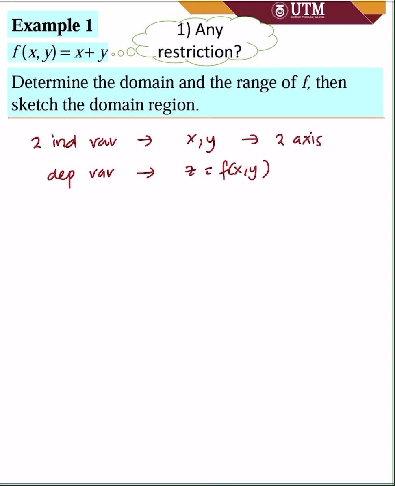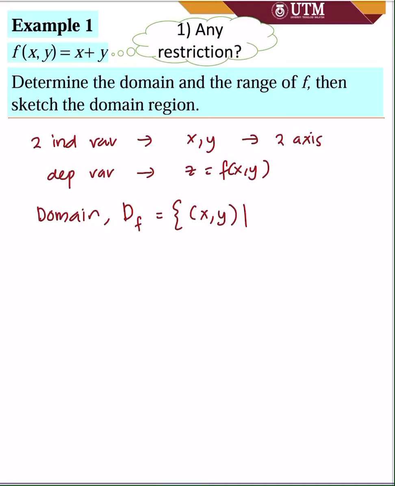So for this one, the domain, we denote it as D of the function f. We determine what the independent variables are. Yes, they are x and y. What are the restrictions?